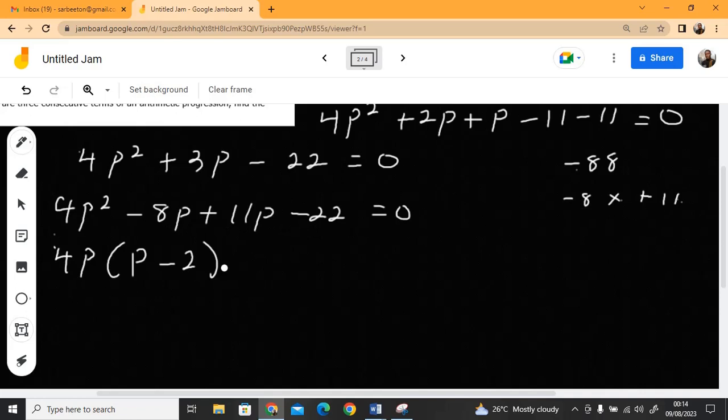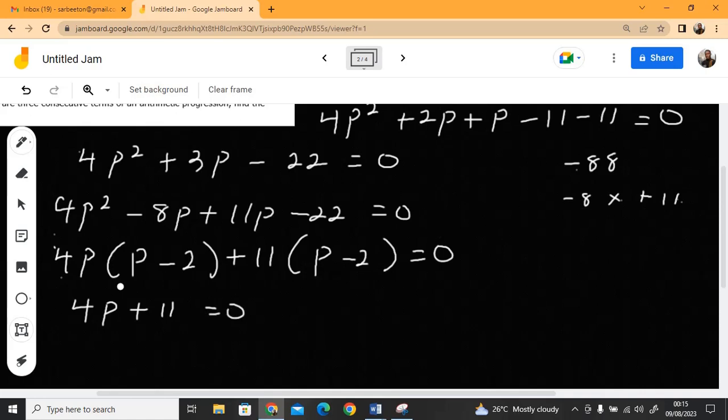Now here, what is common? 11 is common. So we have p minus 2. Remember, what is 0 must be equals to 0. So I can join this and this together. So I have 4p plus 11 equals to 0. I'm splitting this now and picking one of these things. That's p minus 2 equals to 0.